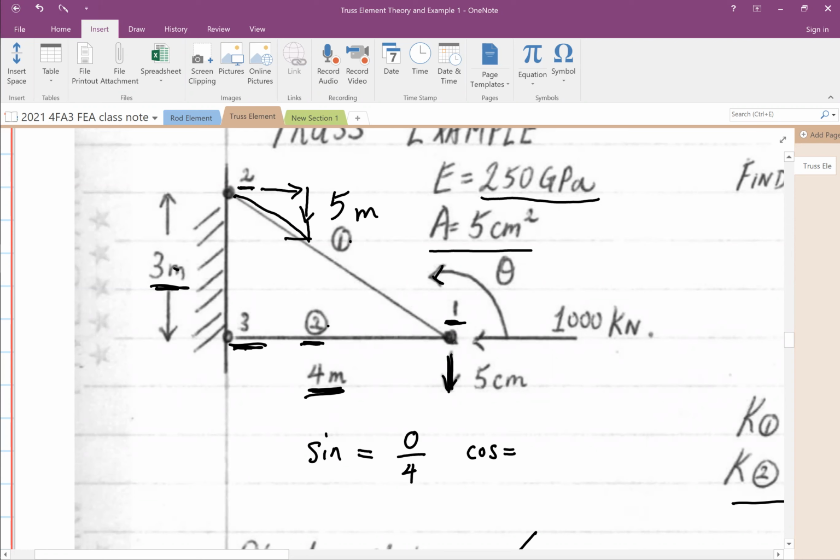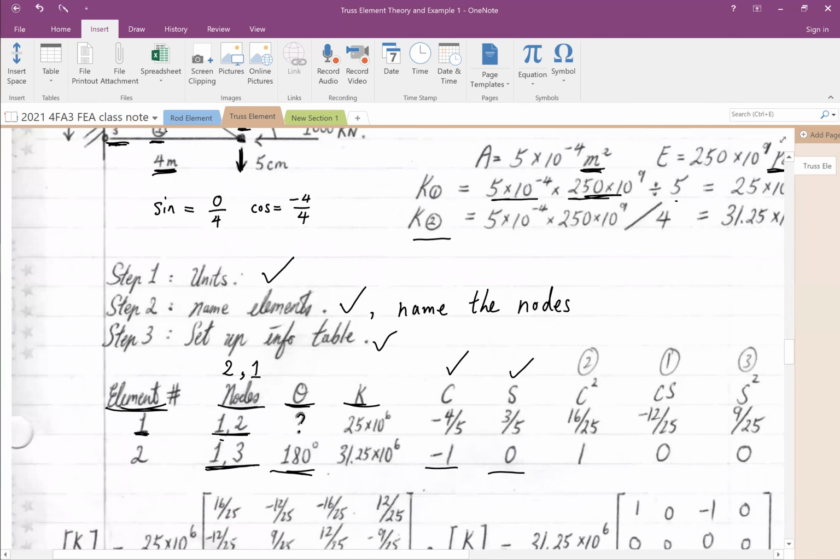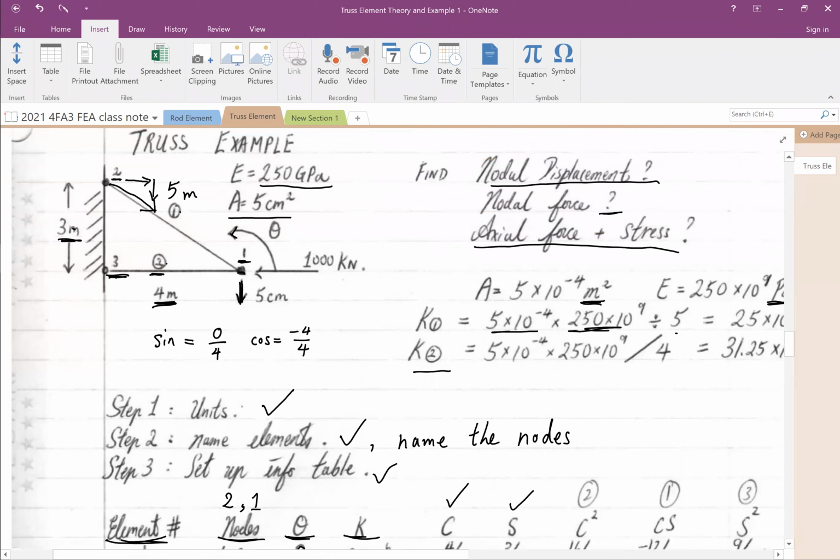From node 1 going to node 3, the cosine will be -4/4, so I have that cosine is -1. The hypotenuse was 5 if I'm jumping from node 1 to 2, but now I'm jumping from node 1 to 3. Get it? Okay.